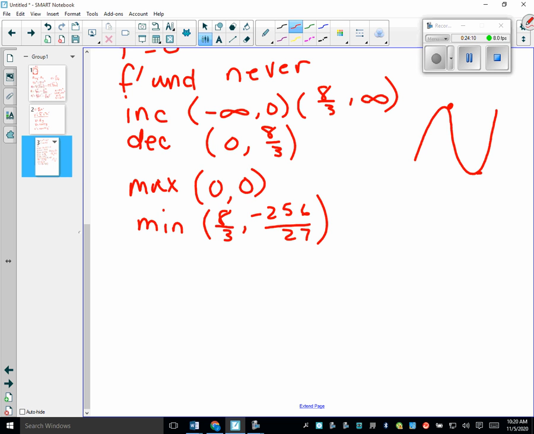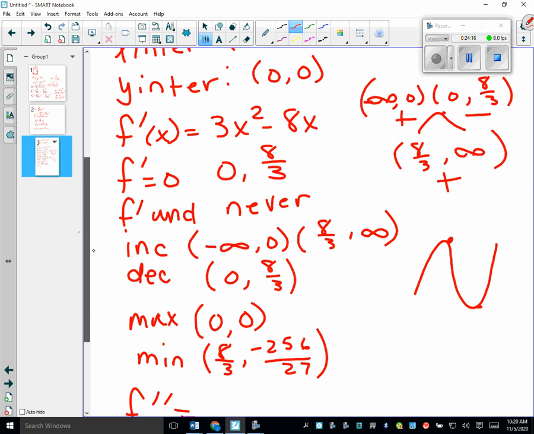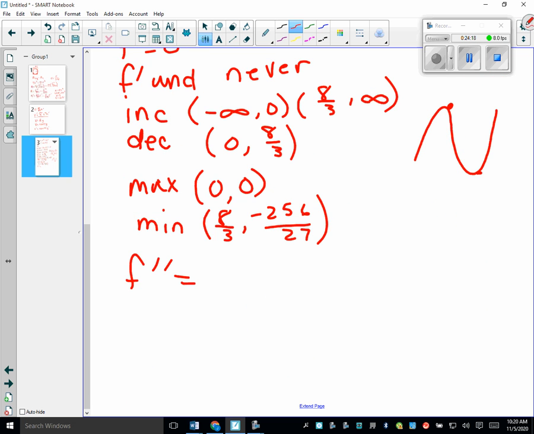What is F double prime? Six x minus 8. When is F double prime equal to 0?